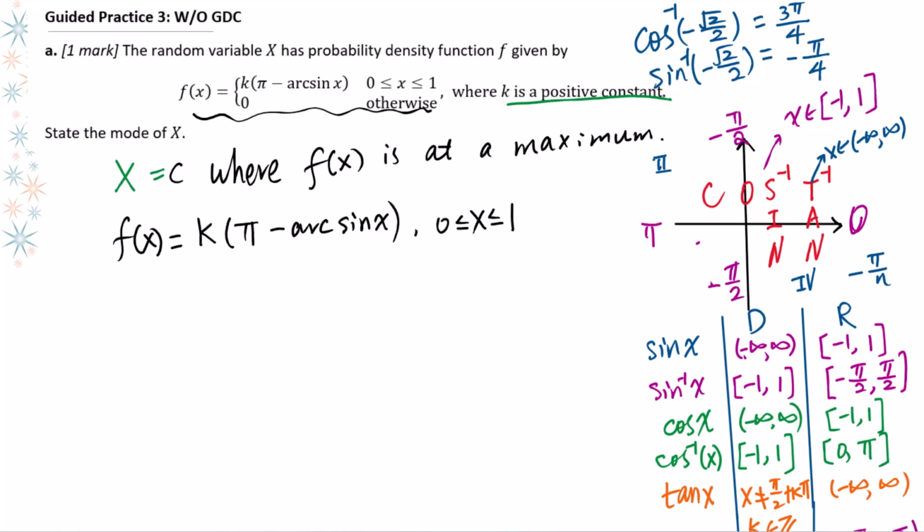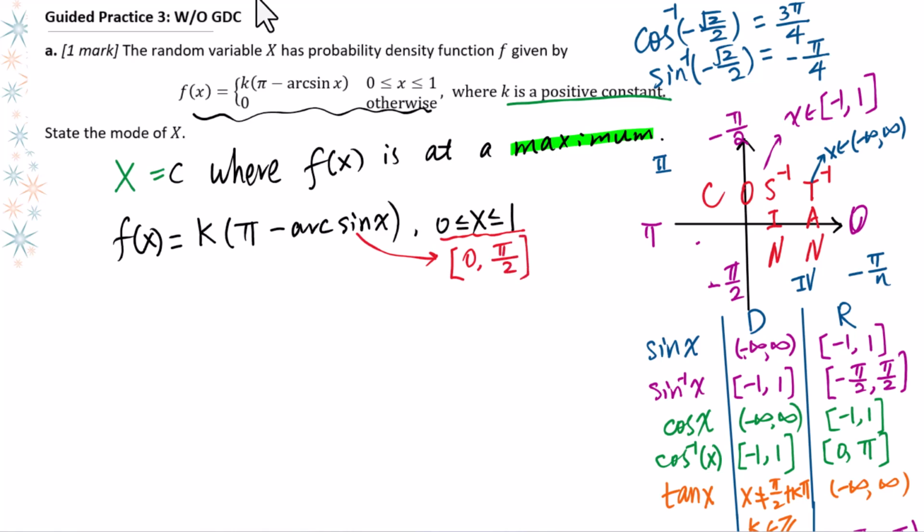Now let's go back to this question. We need to check when x equals what value f of x is at a maximum. Pi minus arc sine, since the domain is between 0 and 1, we know arc sine is from 0 to pi over 2.